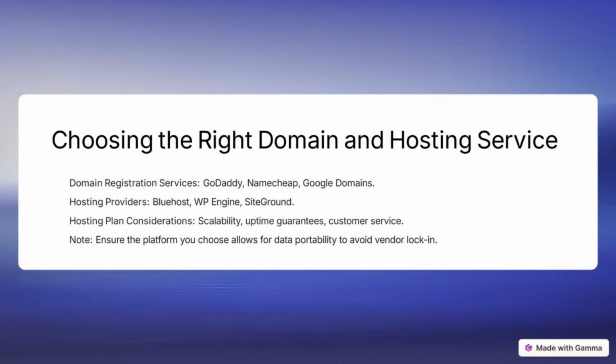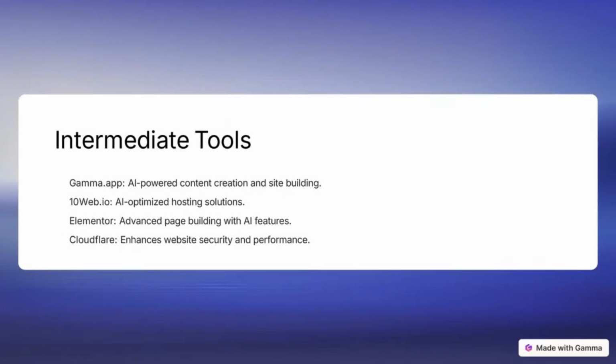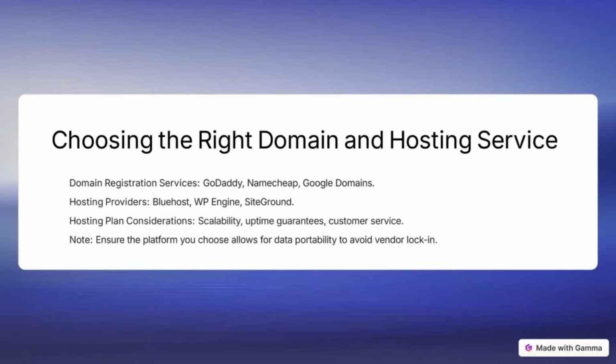Vendor lock-in. That means if I use Wix, if I use Shopify, if I use Gamma app to build my website, when should I ever decide to not do business with that company anymore, there is no way for me to get my data and walk. We call that data portability.